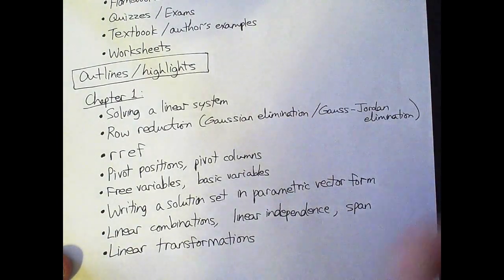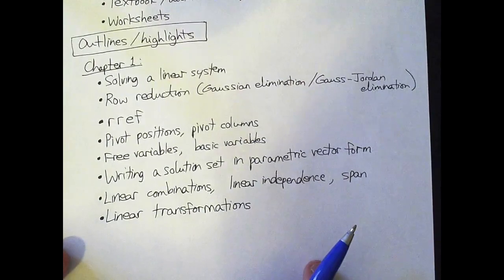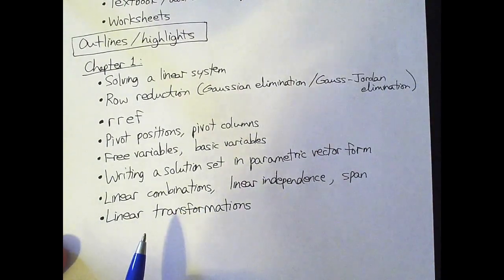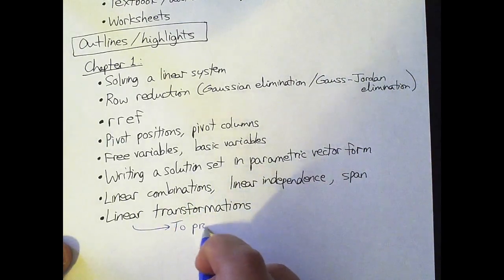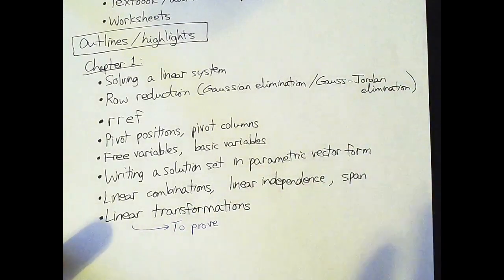By the way, what do you need to know about linear transformations? I guess one thing that you should know is how to prove that something is a linear transformation. Like if I give you something and I say, is the following a linear transformation? Why or why not?